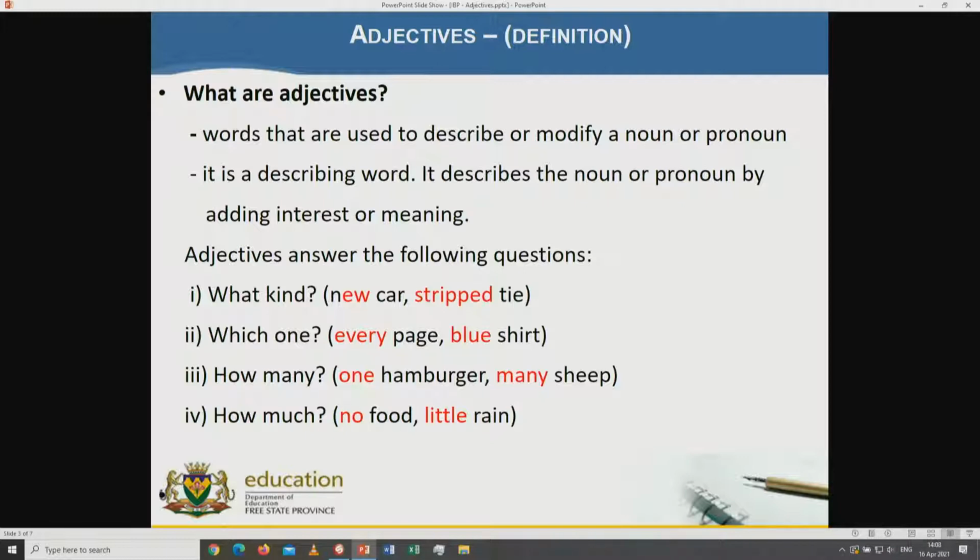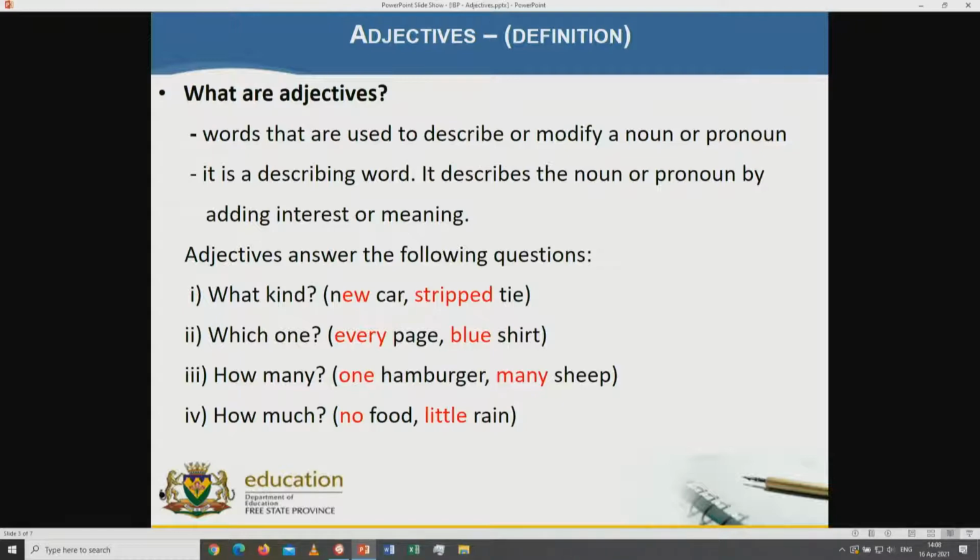Let me say an interesting story or a good story. A good story is an interesting story. It's the story that I've just read. It's a good story, or it is a bad story. I see. So it gives interest to a noun or a pronoun.